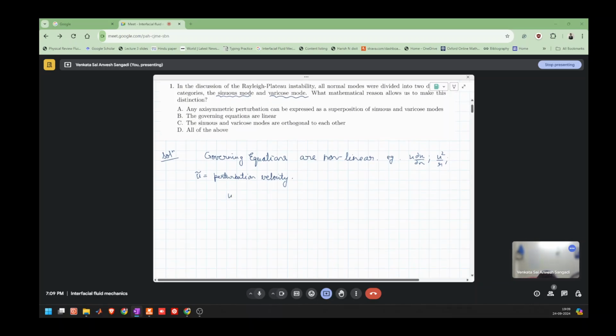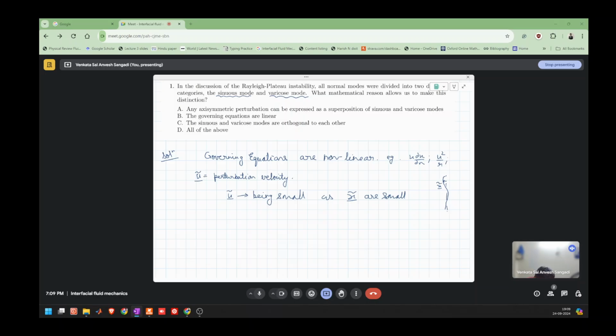Perturbation velocities are small, as the displacements or perturbations are small, and therefore these non-linear terms can be neglected.